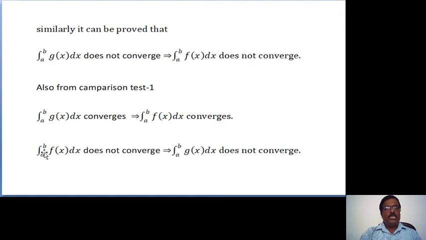So if integration from a to b f of x dx does not converge, then integration from a to b g of x dx does not converge. By comparison test 1 we have proved this. So this is about comparison test 2.